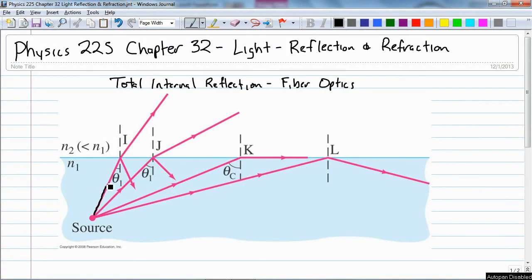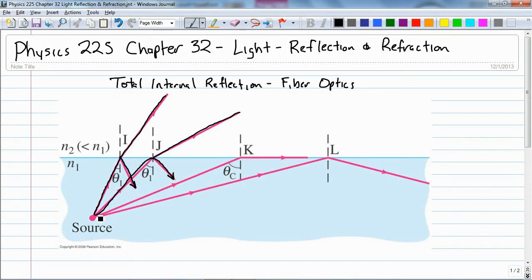At a somewhat shallow angle, we get refraction as we always expect, and we have a little bit of reflection back into the material. As we make the angle greater, we get more refraction and we get reflected light.